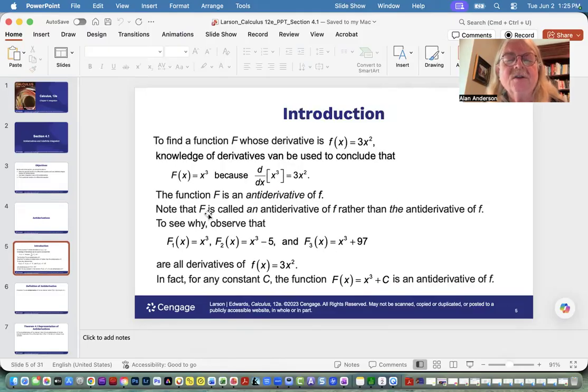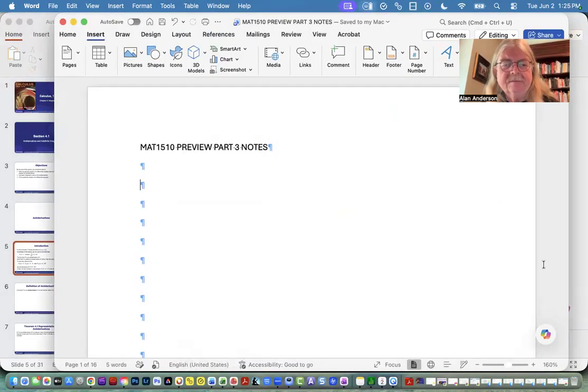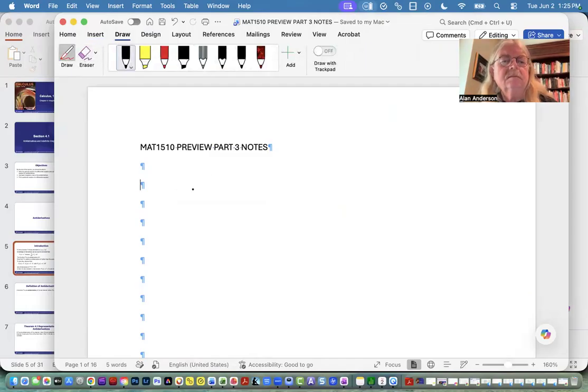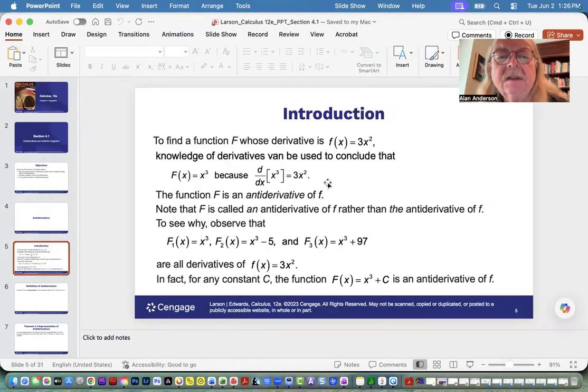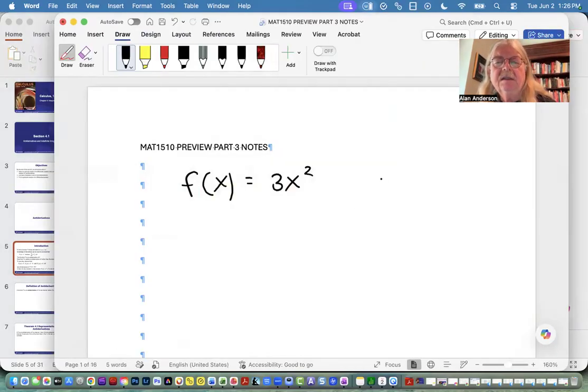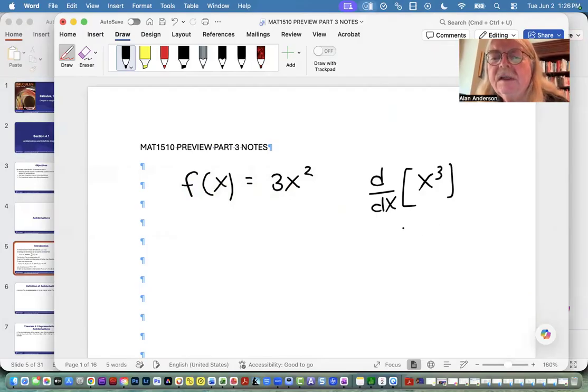So here we're going to introduce some basic notation. So imagine we have a function f of x equals 3x squared. Very simple. And we know that the derivative of x cubed using the power rule is 3x squared.